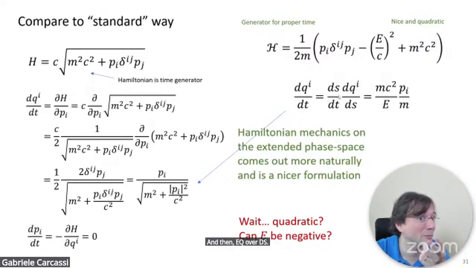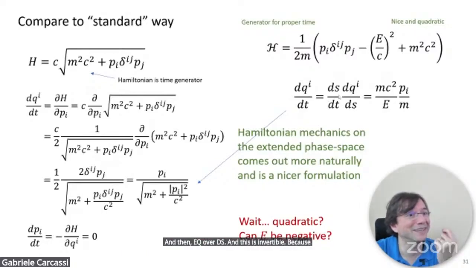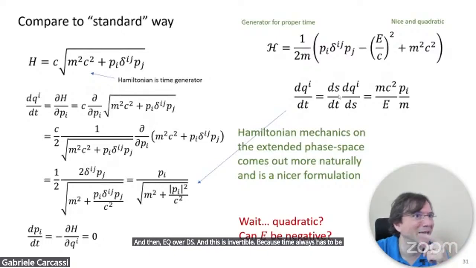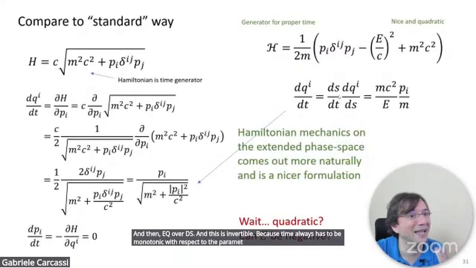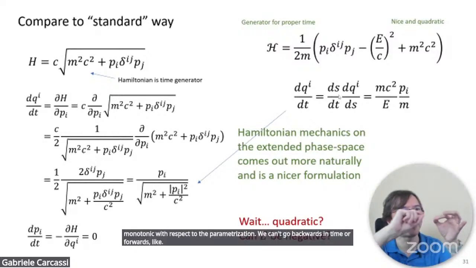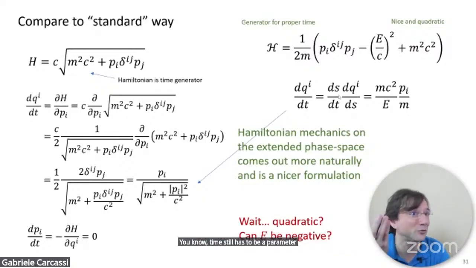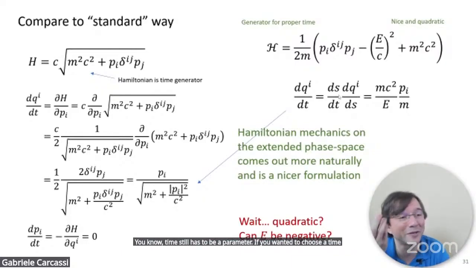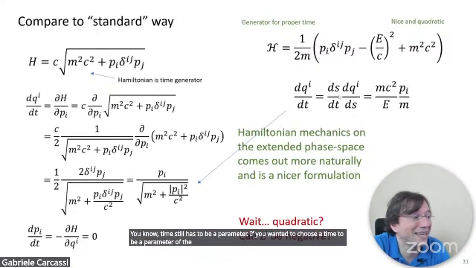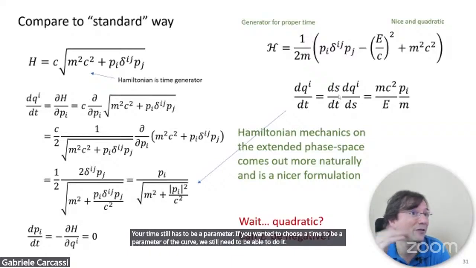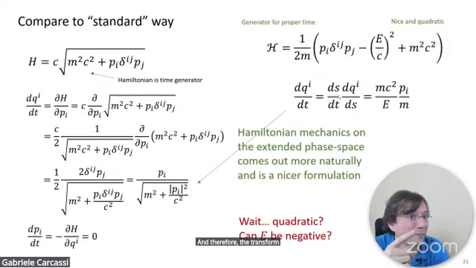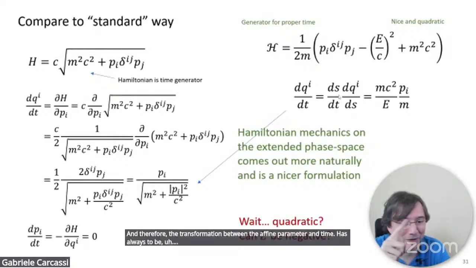And this is invertible because time always has to be monotonic with respect to the parameterization. We can't go backwards in time or forwards. The path has to be such that time is still a parameter. If you wanted to choose time to be a parameter of the curve, we still need to be able to do it, and therefore the transformation between the affine parameter and time always has to be bijective.